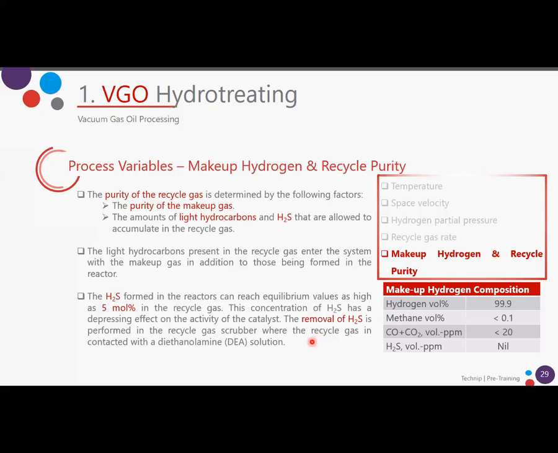This is important, and we have not seen it in another hydrotreating unit, because here we have a lot of sulfur and we will have a lot of H2S formation. That's why this very high purity of makeup hydrogen is important, and we also remove this H2S from the recycled gas. Okay, so this is related to the makeup hydrogen and recycled gas purity.